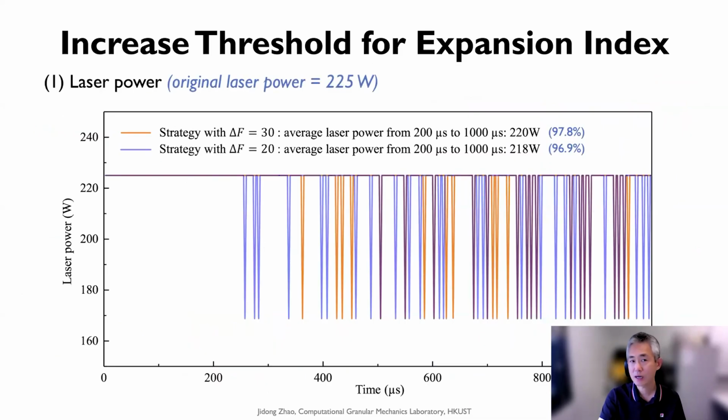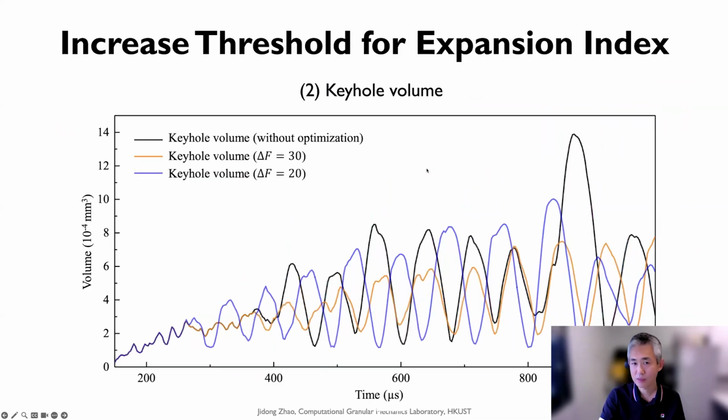Okay, so we can adjust the laser power according to the threshold, for example from average laser power lower to higher, and then from higher to lower.